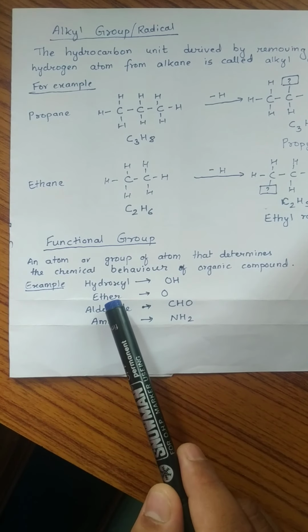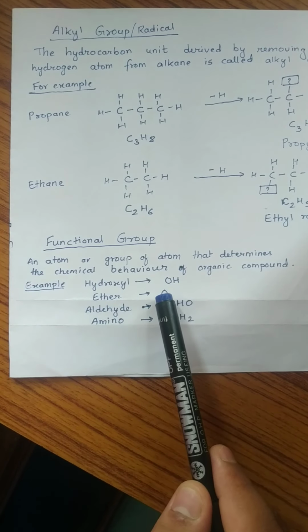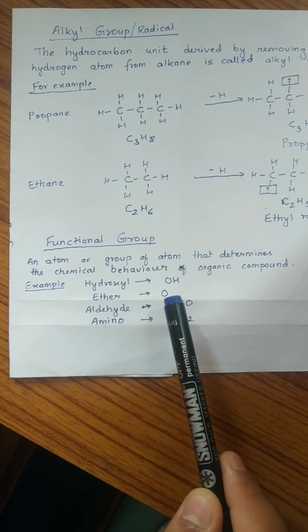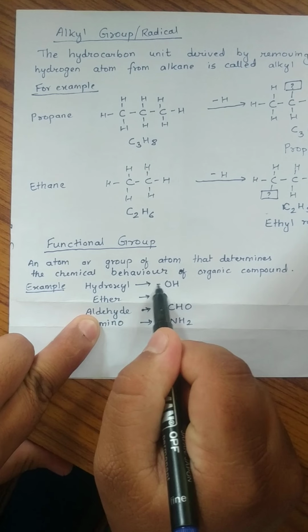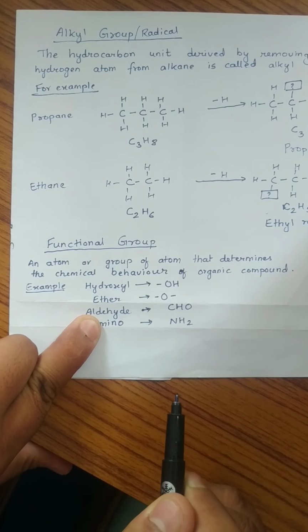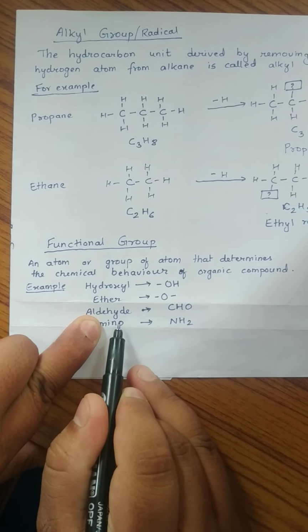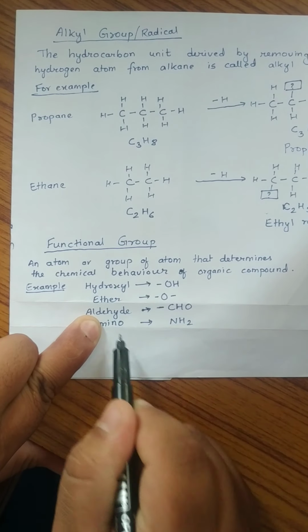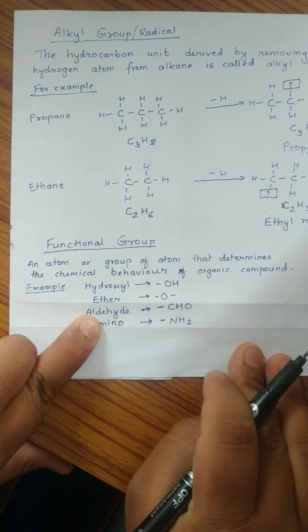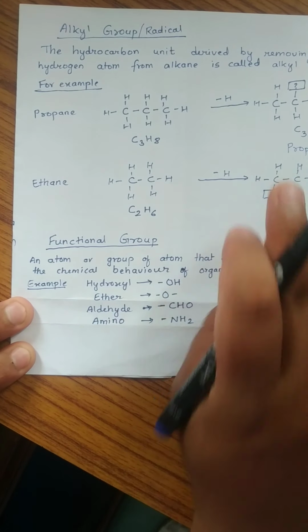Next, ether: an oxygen atom can form bonding with carbon atoms. Next, aldehyde can be formed. They are acidic compounds. And next, amino groups can be formed by adding NH2 in the empty places.